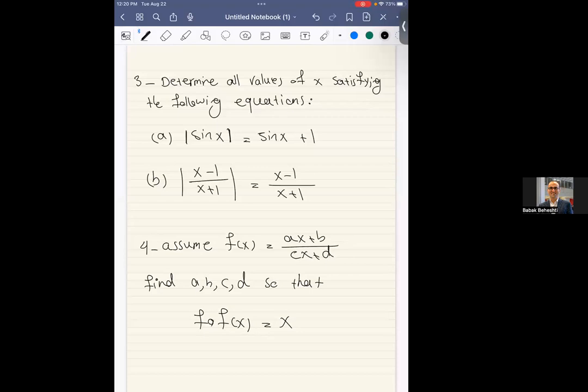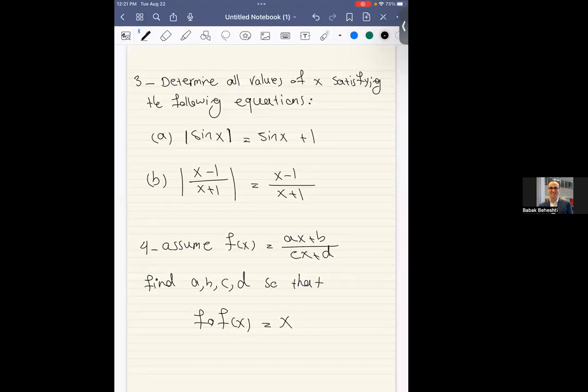But how to do question 3? You have to solve this equation, solve for x. So for example, for A, there are two cases: either sine x is positive or sine of x is negative.